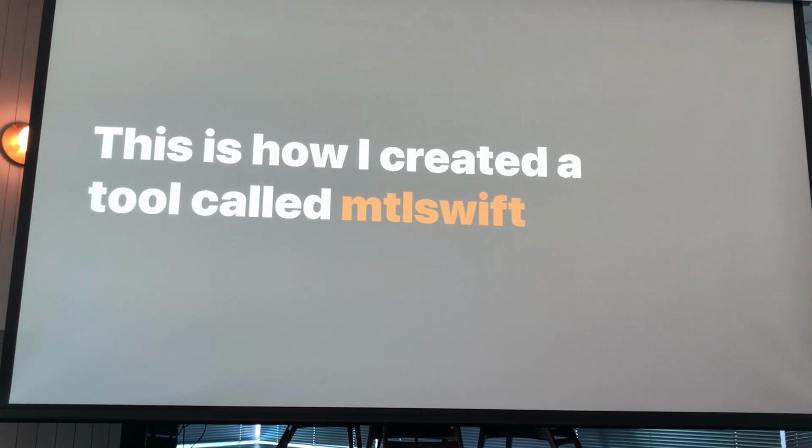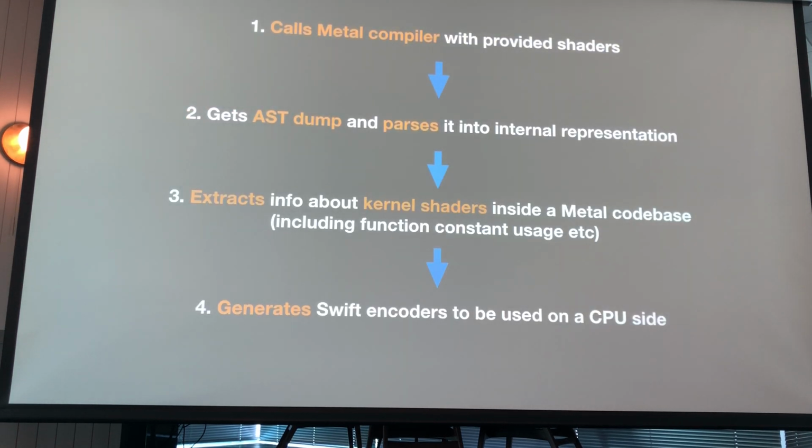And this is how I created a tool called MTLSwift. What it does is essentially the following. It calls the Metal compiler to dump the AST. It parses it internally into an internal representation. Then it traverses the AST by regular recursive search and extracts the kernel shaders into a separate abstraction that I have.